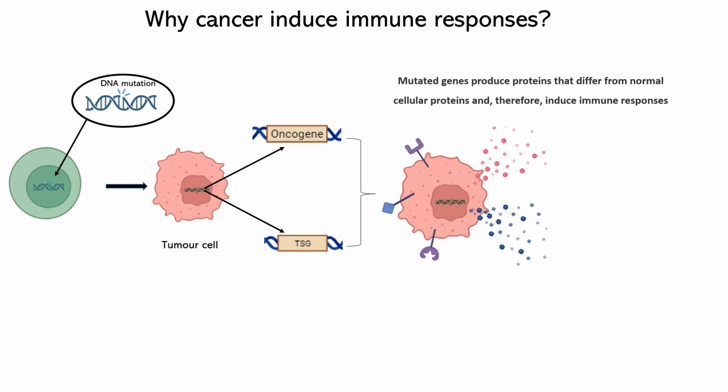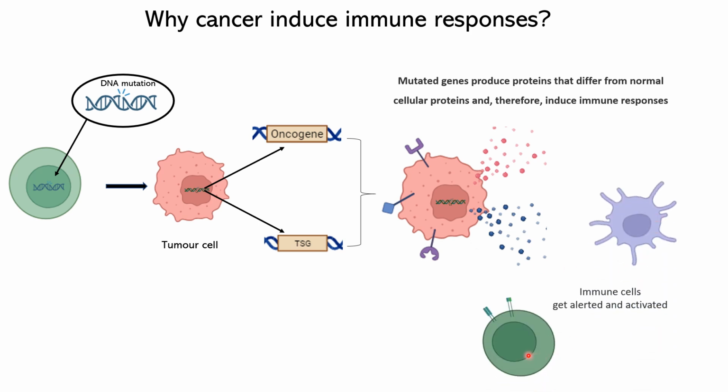If you ask yourself why producing different shape proteins, like different shape receptors or different shape secreted proteins, might induce an immune response, it is because the immune cells, once they interact with these proteins or with these receptors, will identify them as a foreign object, and this will alert and activate the immune response.